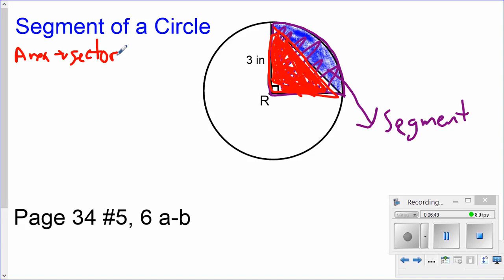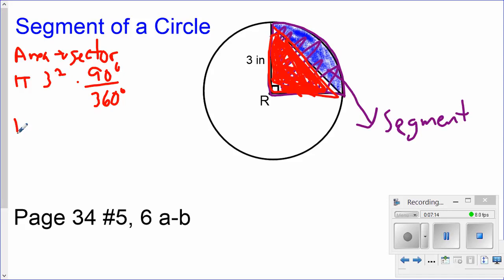Okay, so we know to take pi times the radius, which is 3 squared, and we're going to multiply that by, this is a 90-degree angle, so 90 over 360, and that'll give us the fraction of the circle that the sector is contained in.